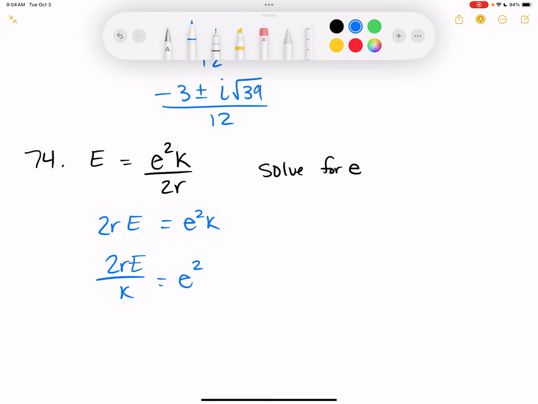And what will my last step be? Square root. And that gives me what on this side then? Or what do I need to put in front of the square root?